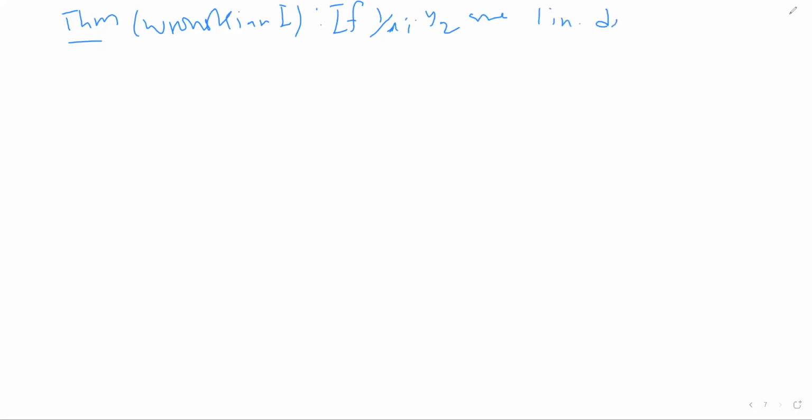We write again what we call the Wronskian theorem one, that if we have linear dependence, then the Wronskian is 0. If y1, y2 are linearly dependent on the interval I in R, then the Wronskian is 0 on the interval I.